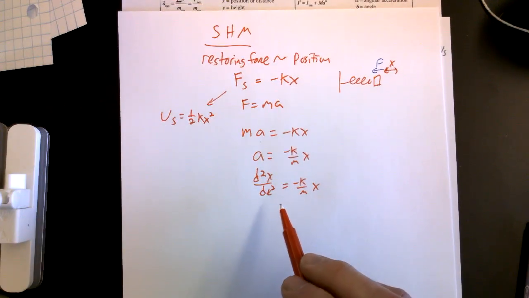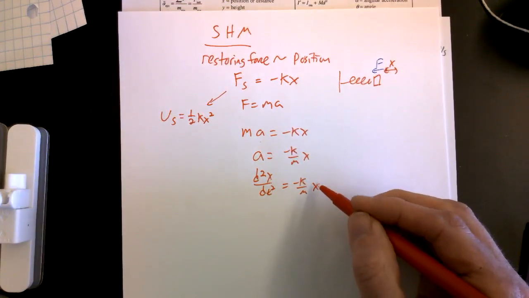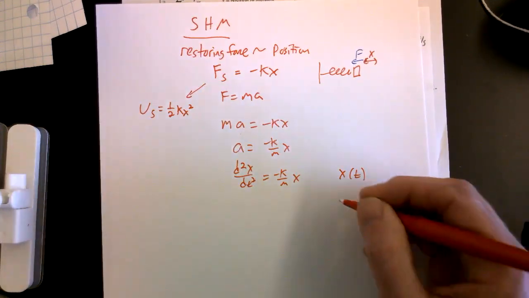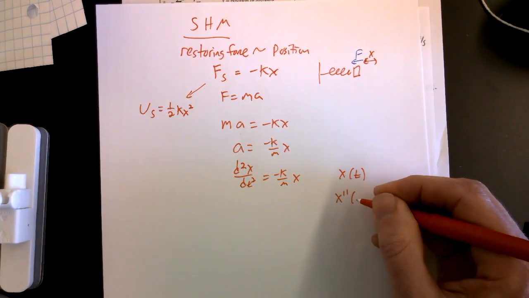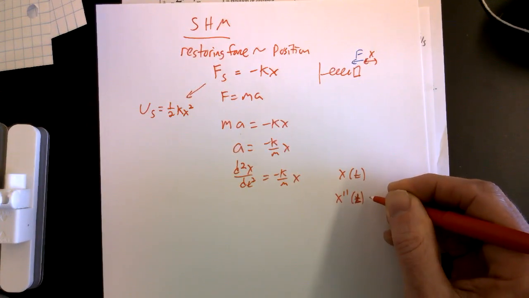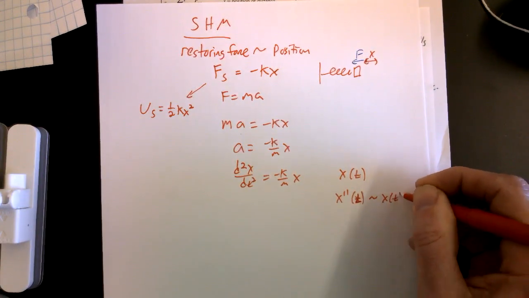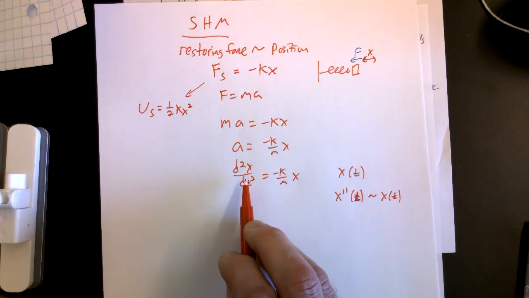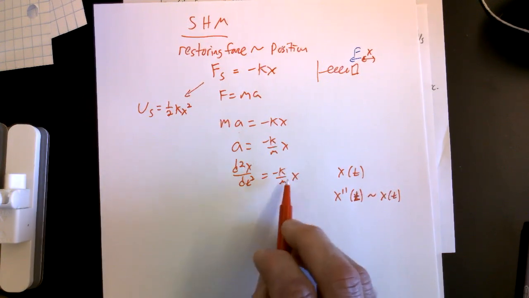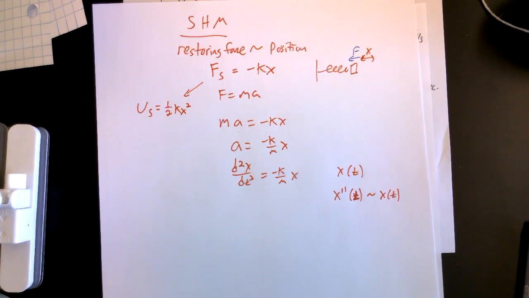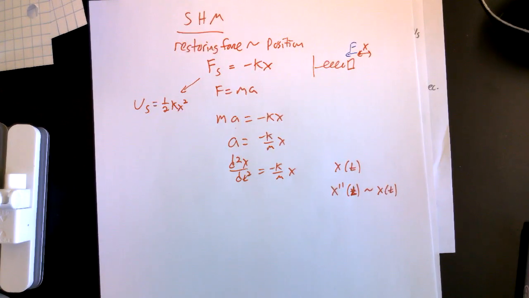But if we're thinking about solving this, we're thinking about some function here, x of t, and that if we take the double derivative, oops, that's a t in there, not an x, then it's going to be proportional to the original function. That's what this means. The second derivative of it is proportional to the function, with this constant of proportionality over here. The functions that work if you take the derivative twice are sine and cosine.